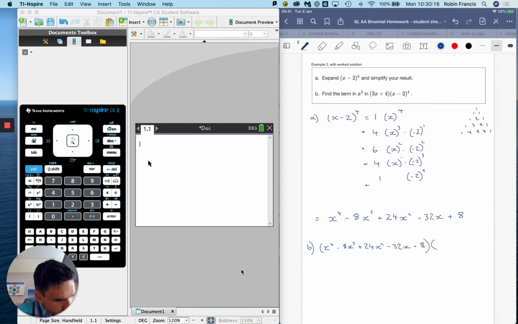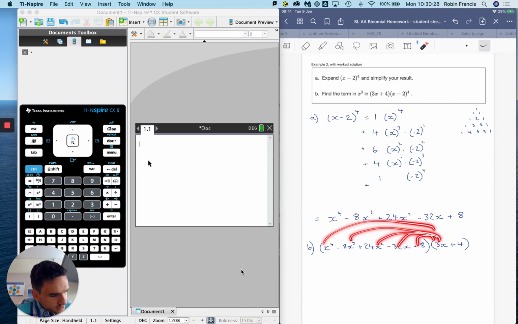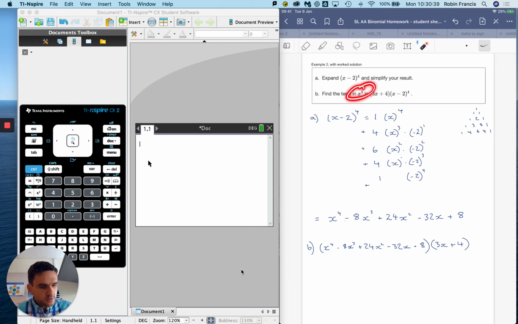That's going to be multiplied by 3x plus 4. So I've got to identify, as I expand this, or if I were to multiply this out, I'm not going to do it in its entirety. Which terms am I actually interested in? Imagine I did all that. Which terms am I actually interested in, which is going to give me the result that I want, which is x cubed terms. So it's all concentrating on those x cubed terms.